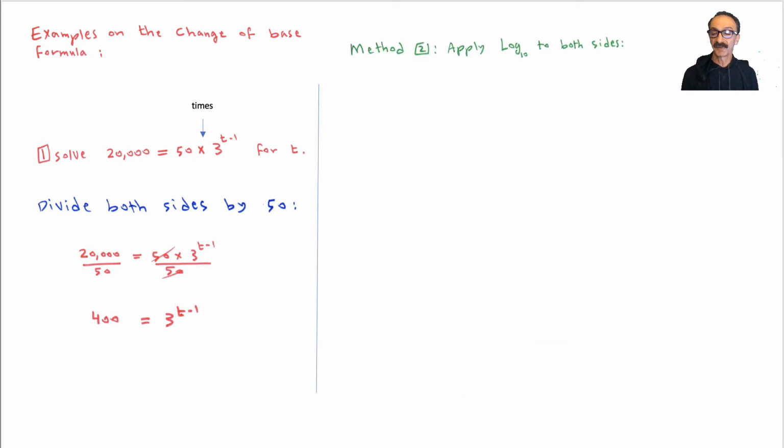Let's take some more examples. Or actually, method number 2. I forgot about method number 2. Method number 2 is a little bit different, but it ends up the same. So we have the following: 400 equals 3 to the power t minus 1. And now I'm going to apply log to both sides.